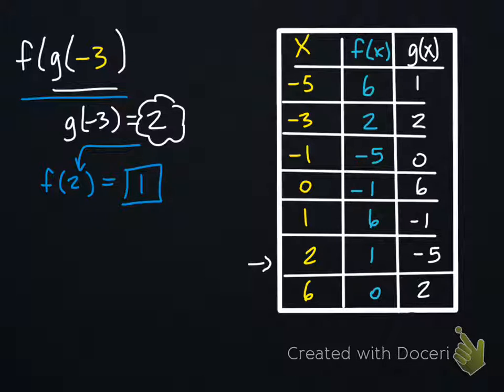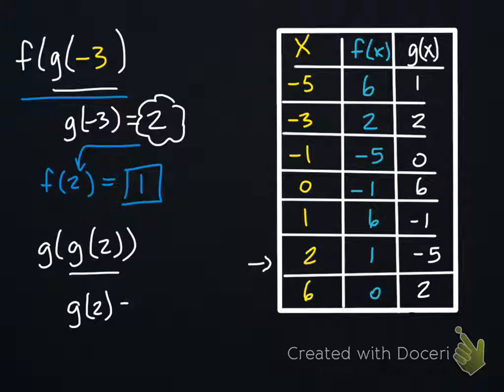Let's say we had g of g of 2. We're going to start with our inside. So for g of 2, we go in the table, start at our 2, go across to g, and g of 2 is a negative 5.